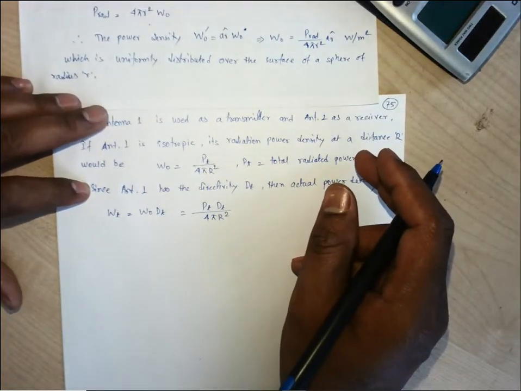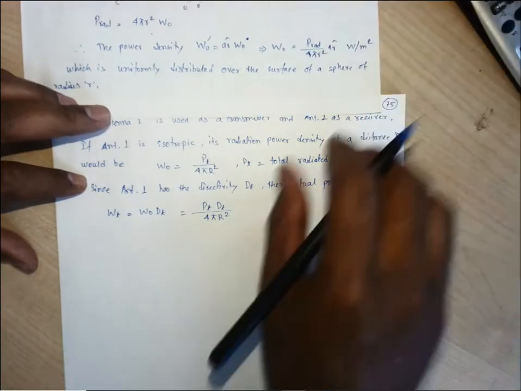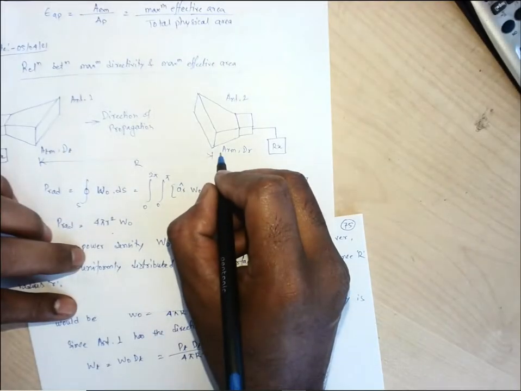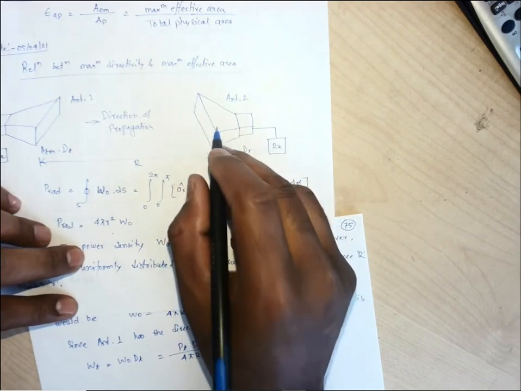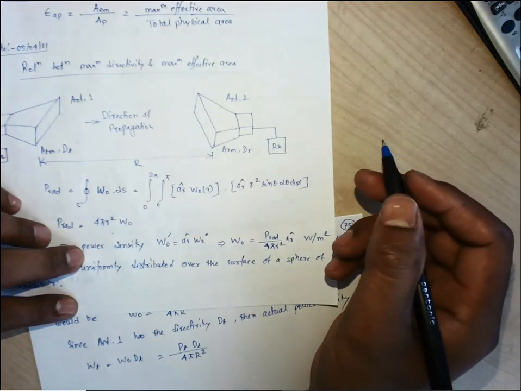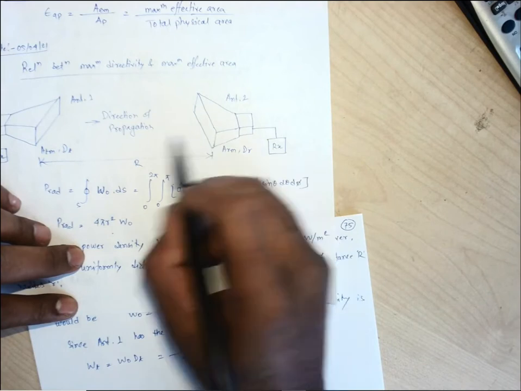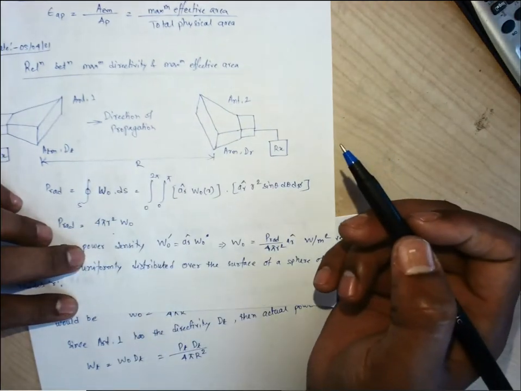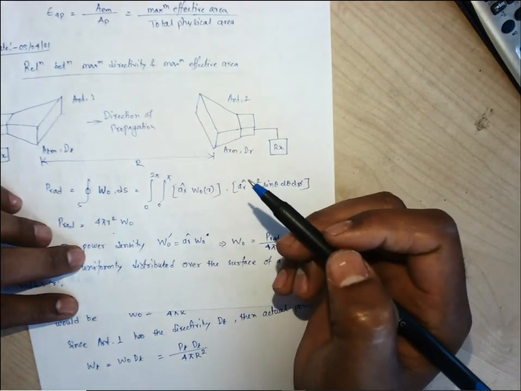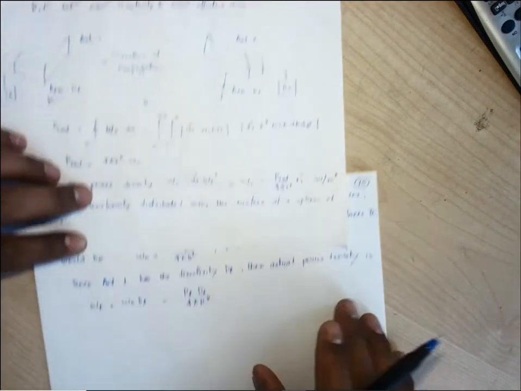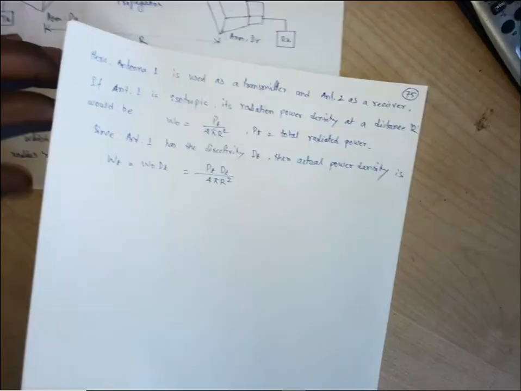Now what will be the power collected by the receiver? The power which is collected by this receiver depends upon the aperture area of this antenna. How much power is captured by this receiver from the transmitted power? It depends upon how much aperture area that receiver has.